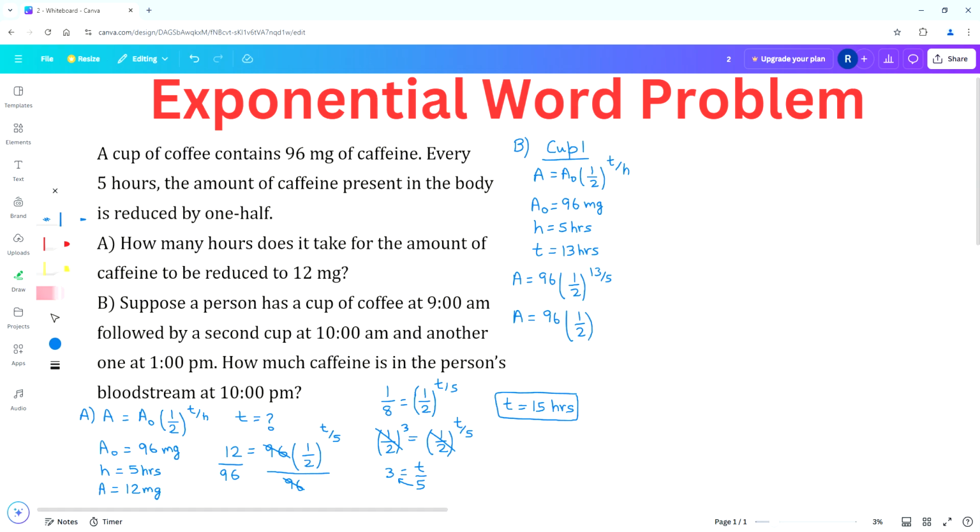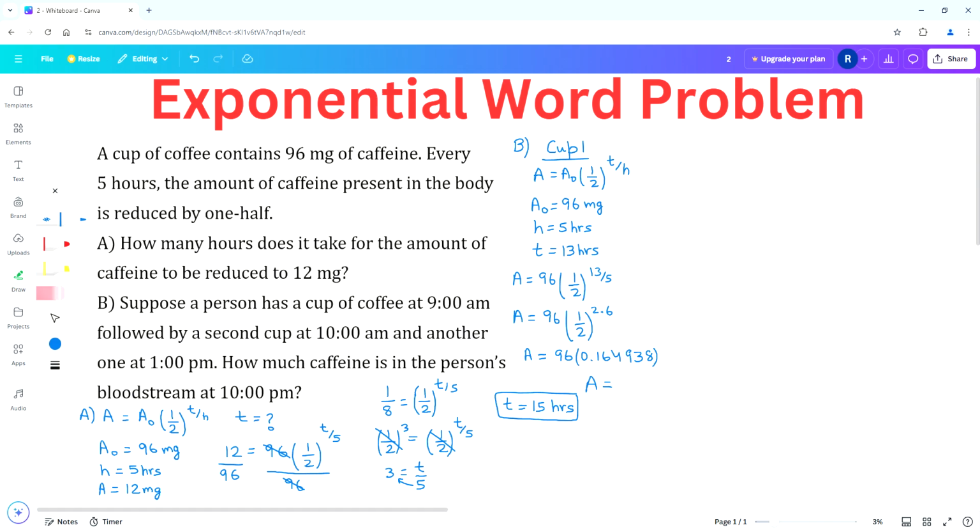Thirteen over 5 is equal to 2.6. Next we can evaluate half to the power 2.6. Next we can do 96 times 0.164938.